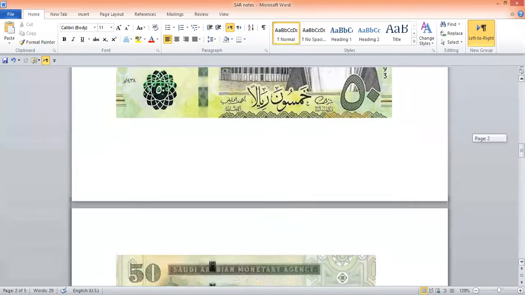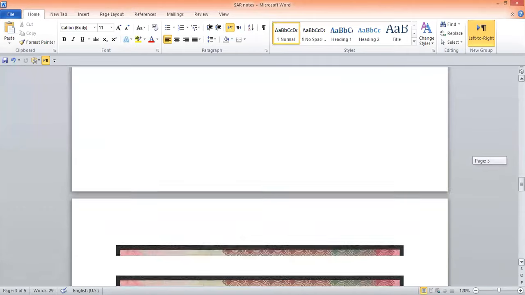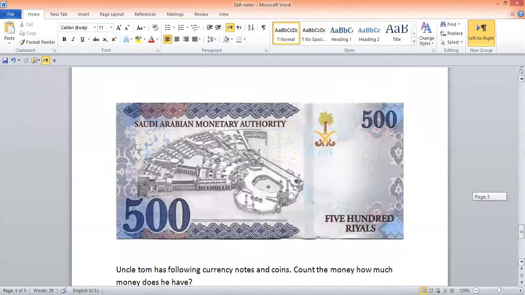Its front side and its back side. This is a currency note of 100 real. This is its front side and this is its back side. And it is a currency note of 500 real.